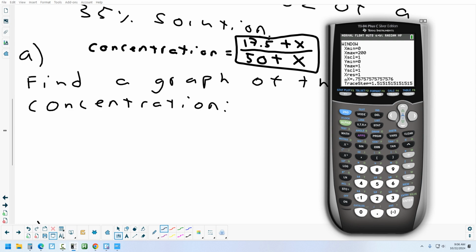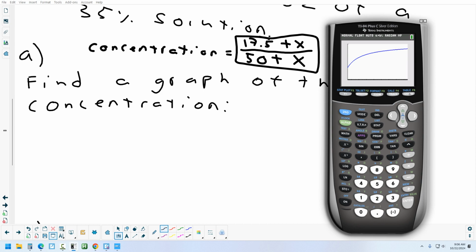Yeah, it can't go below 35 because that's what you're starting with. And if you don't do anything to it, it's going to stay the same. The only option you have is to add more acid, which makes it even stronger. Okay. So it's technically not going to go below 0.35, but we could go 0 to 1. That's fine.